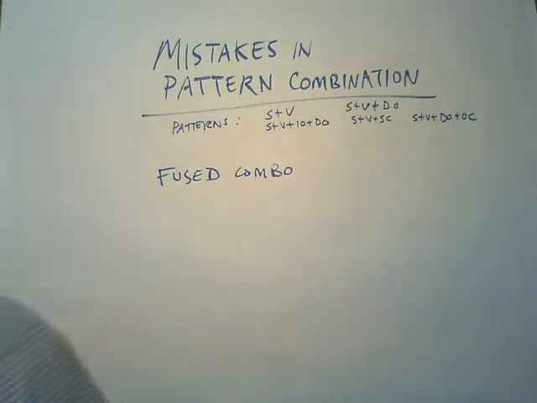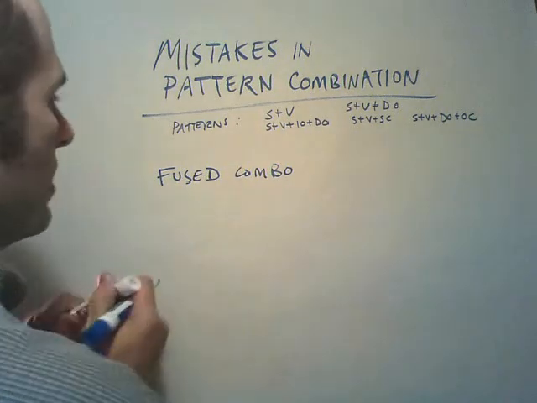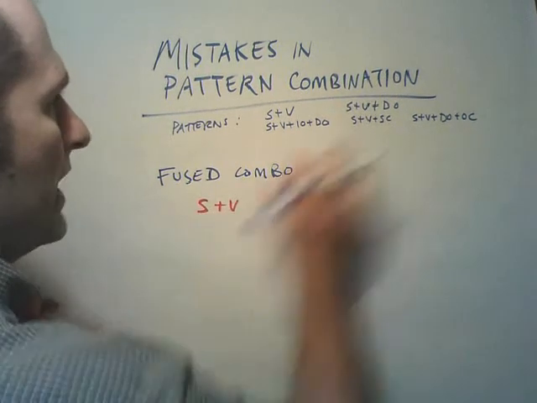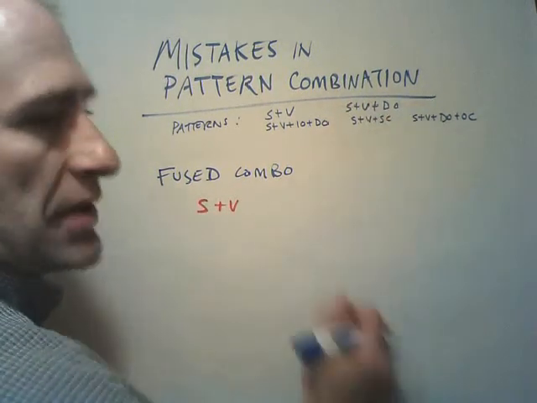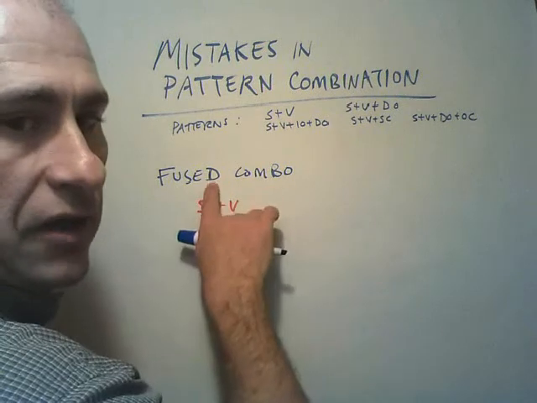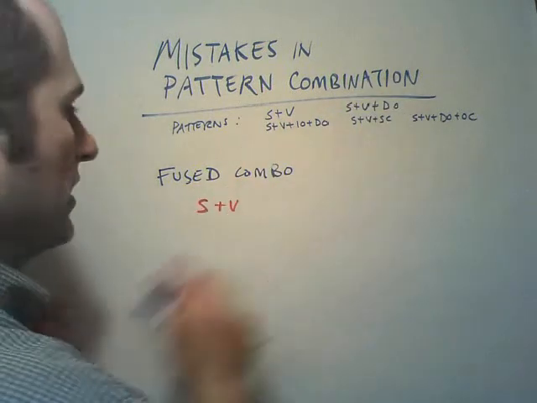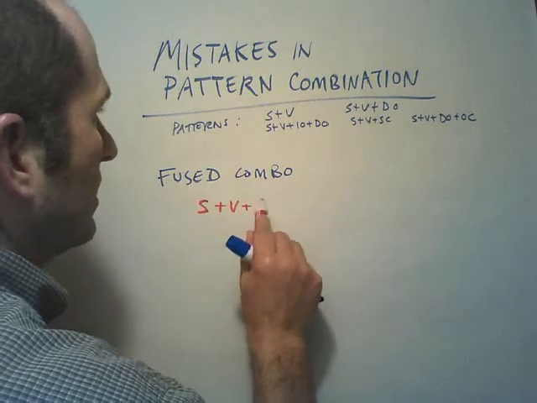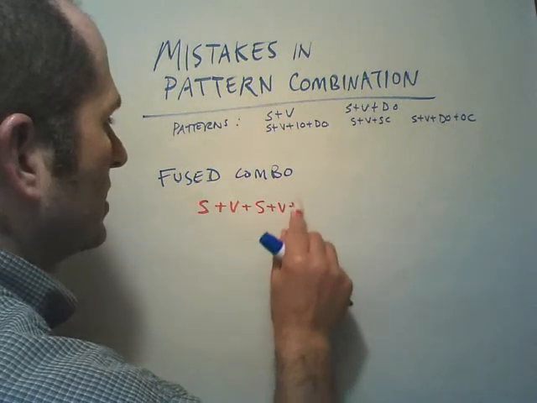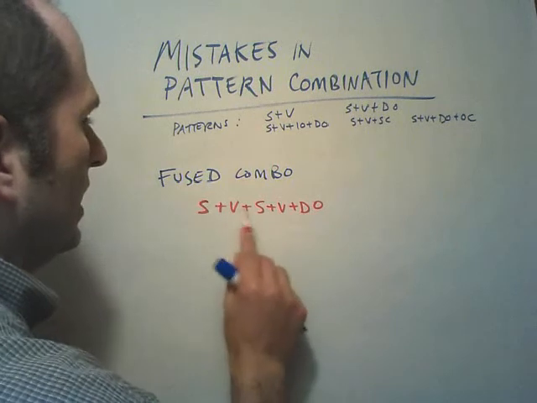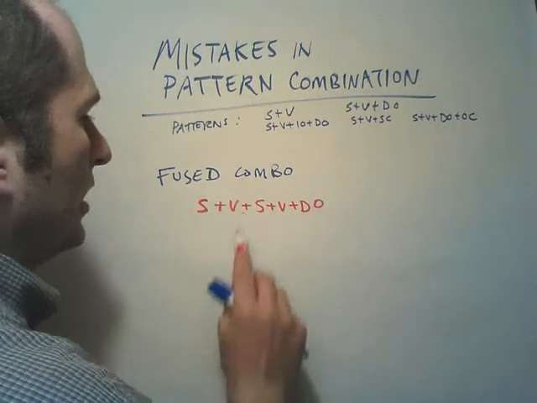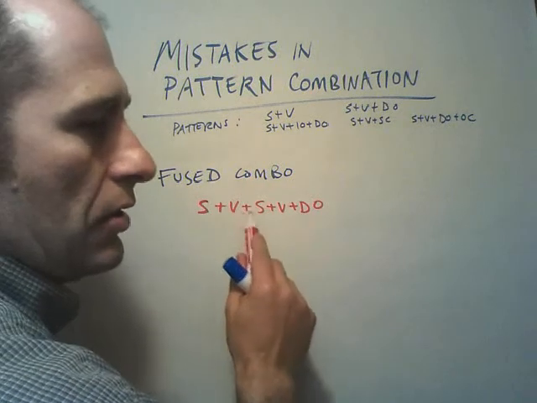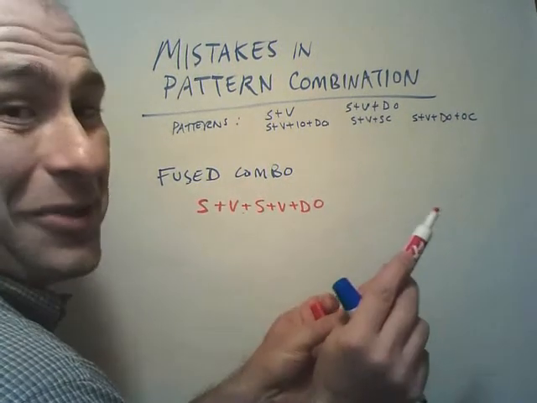Let's take one of these patterns, S plus V, and S plus V plus DO. 2 patterns. How do we combine them? If we're going to fuse them, we just jam them together like this. S plus V plus S plus V plus DO. So there's really nothing combining them there. I mean, there's no conjunction, there's no colon, there's no semicolon. It just puts them next to each other.